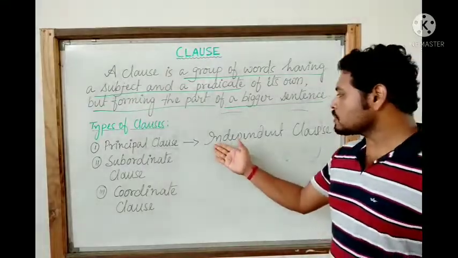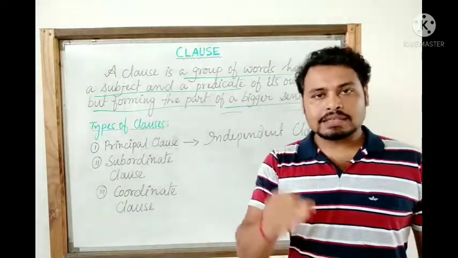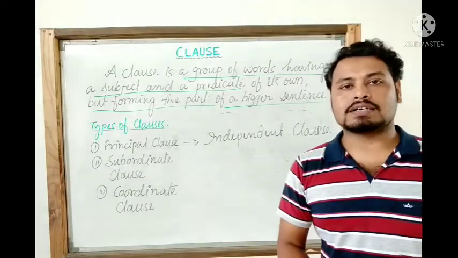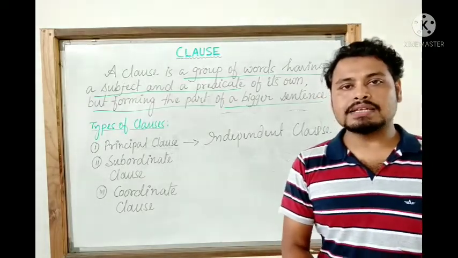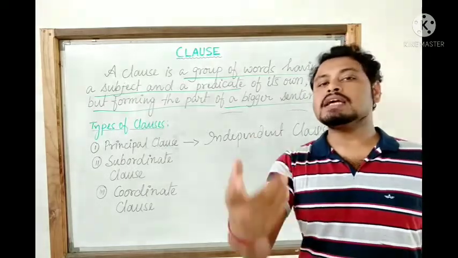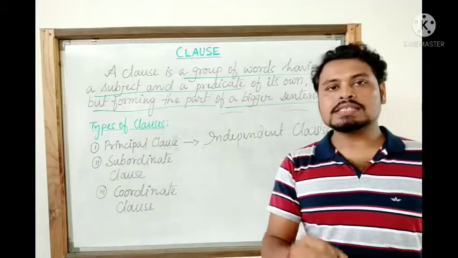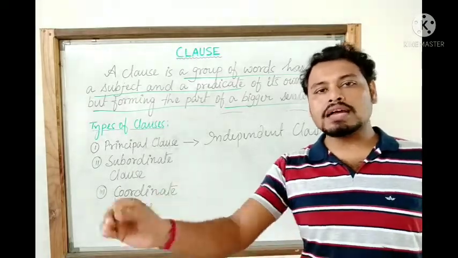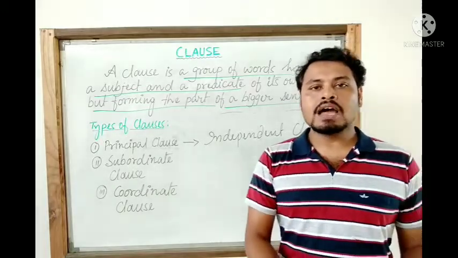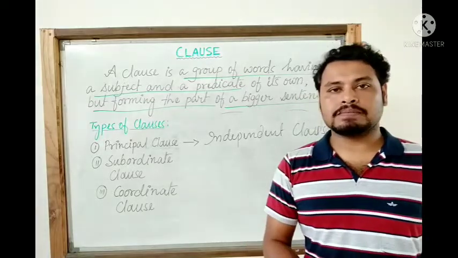From this very name independent, we can pretty clearly say that it is a clause that is not dependent on another clause. That means a clause that can express its meaning by itself. That means a clause that doesn't depend on another clause to complete its meaning. That means a clause that is self-dependent.